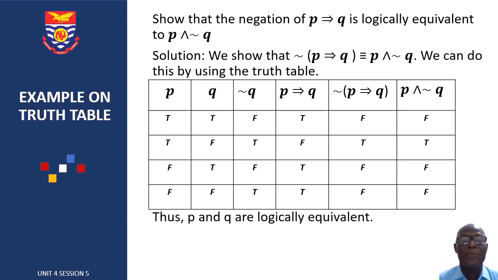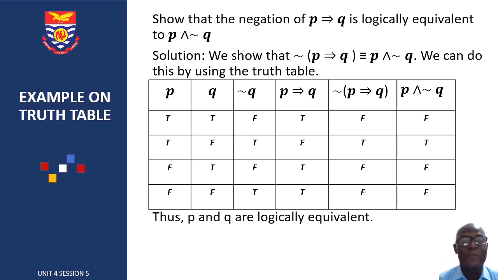If Q is true and the negation of Q is true, since both statements are true, the conjunction is true. If P is false and the negation of Q is false, then the conjunction of P and the negation of Q is false.